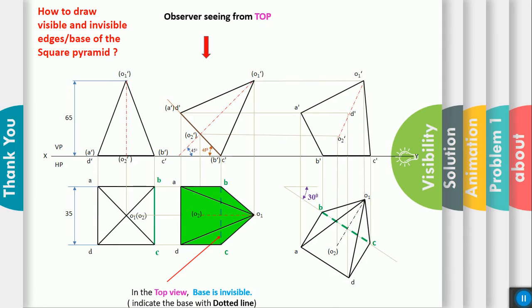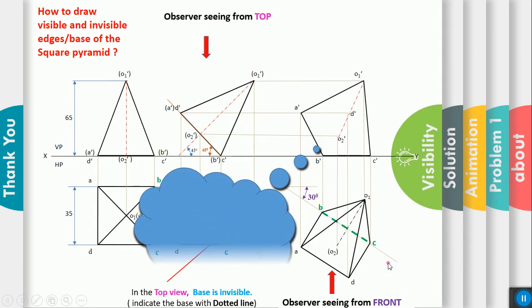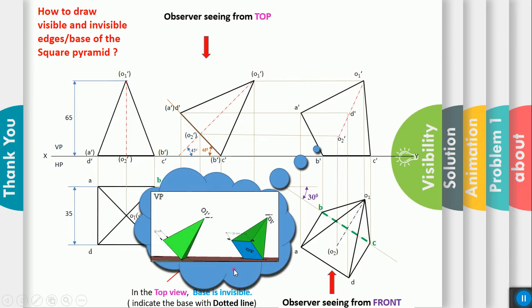When the observer is seeing from the front, he can see the base of the square pyramid, that is A, B, C, D. Hence, in the front view, the base A dash, B dash, C dash, D dash is visible, which should be indicated with a continuous line.